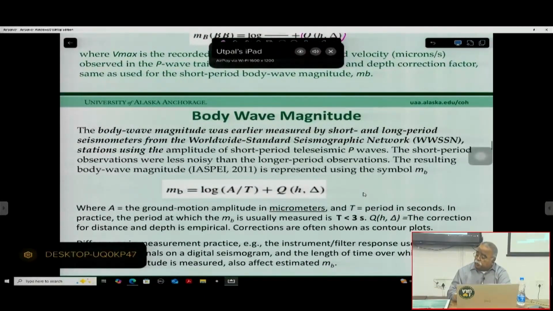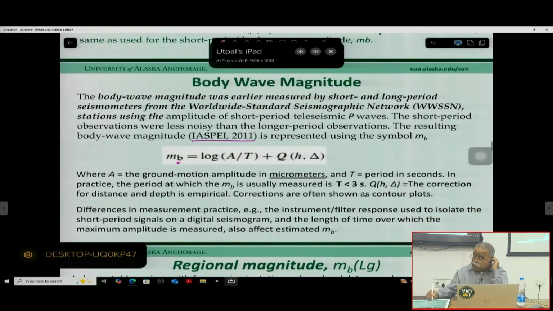So for the body wave magnitude, the IASPEI, the International Association of Seismology and Physics of the Earth's Interior, in 2011 gave a formula for mb estimation. Now please remember, this is the body wave magnitude, but not from the broadband station.